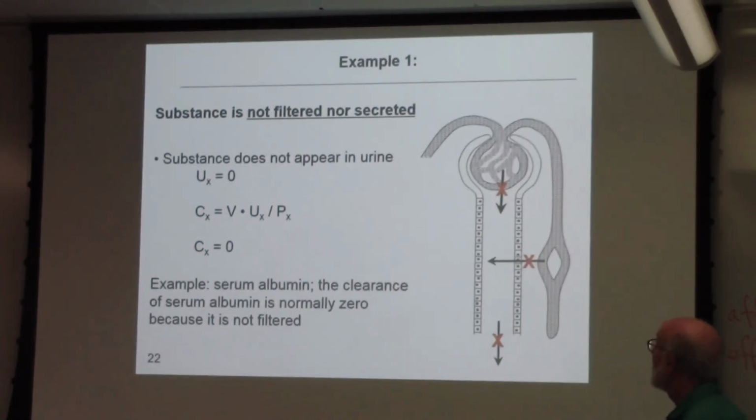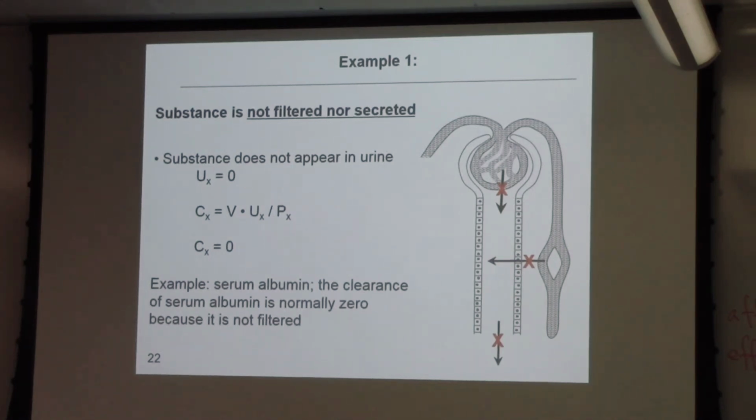So let's play with this a little bit and do some examples. Here's a real simple example. Albumin. Albumin is a protein. It is not filtered, and it is not secreted. It's too big to be filtered, and it doesn't get secreted. So the concentration of it in the urine is 0. So the clearance of it is 0. We don't clear albumin. If you have albumin in your urine, it's usually a sign of either exercise or glomerular disease.